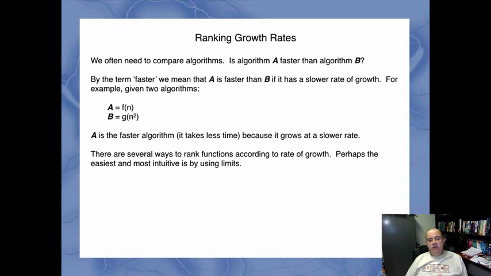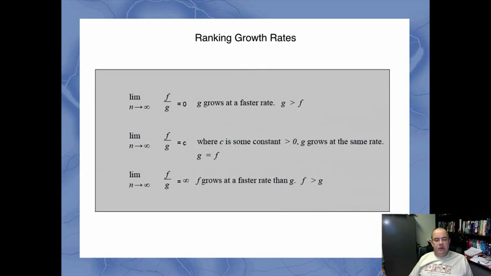While there are several ways that you can rank functions according to rate of growth, perhaps the easiest and most intuitive is by using limits. So there's a small chart here. As you can see, the limit of the ratio f over g, these are the two functions. If the limit as the size of the problem goes to infinity of f over g is 0, this means that the denominator, the one on the bottom, g, grows at a faster rate.